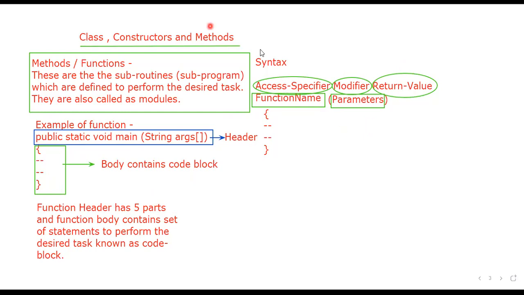So 5 parts are: part number 1, part number 2, part number 3, part number 4, and part number 5. These are the 5 parts of the function. Yes, coming next.